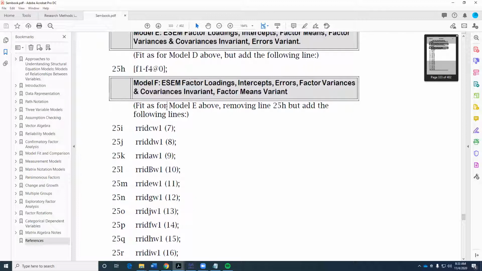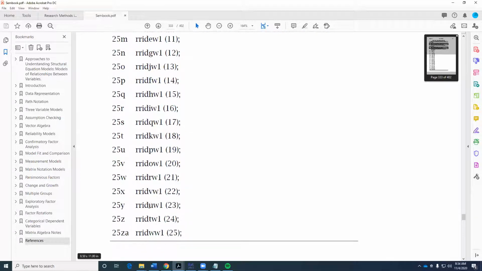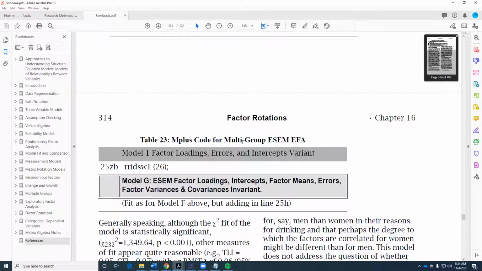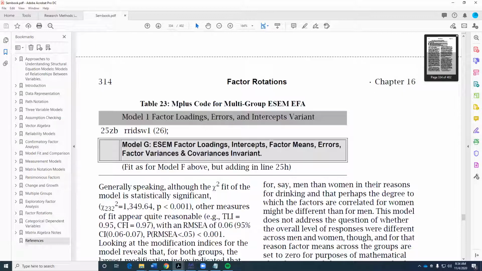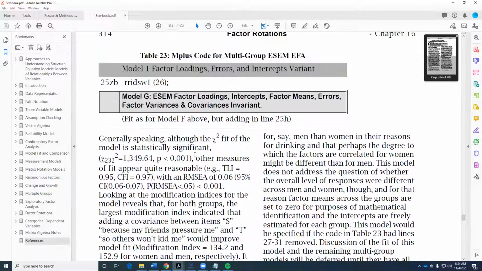And if I've got model E above, I'm going to take this line out and add in these lines, and this is going to allow the error variances to be different across groups. And finally, if I've got the loadings, intercepts, means, and variances, in other words, everything is different, I'm going to put in 25H, and that will accomplish that.